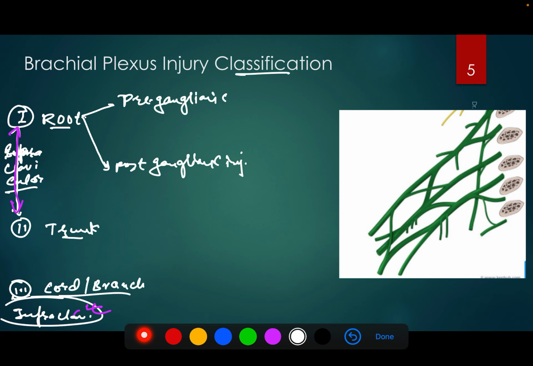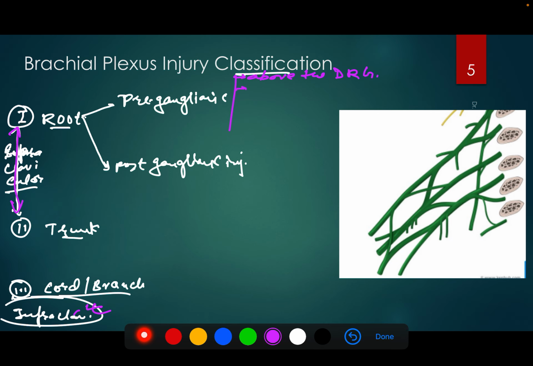And what were the pre-ganglionic and post-ganglionic injuries? Now let's discuss the pre-ganglionic injury. Pre-ganglionic means, what was the location? The location was above the dorsal root ganglion, right?